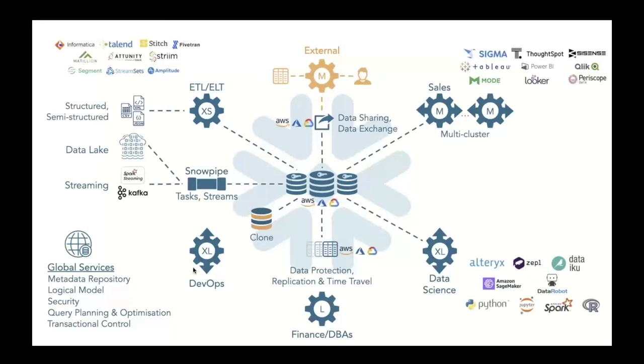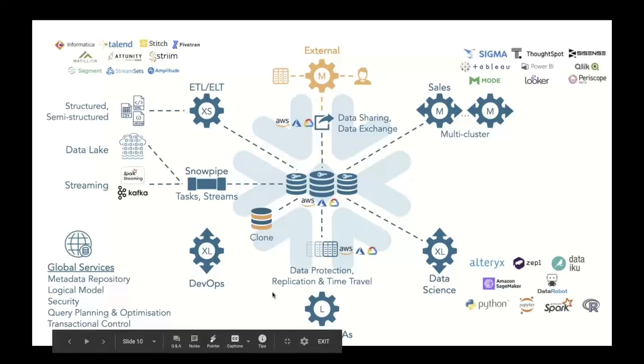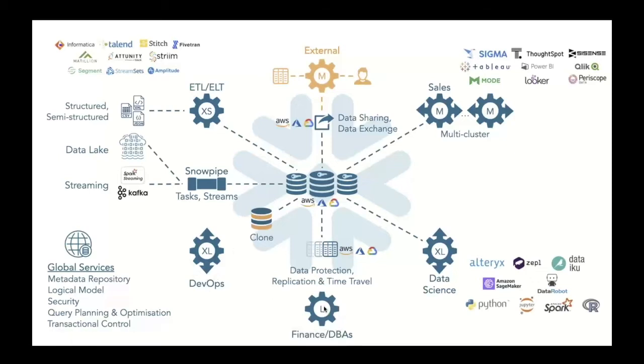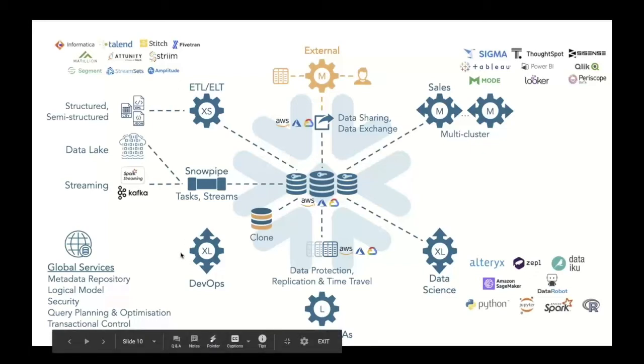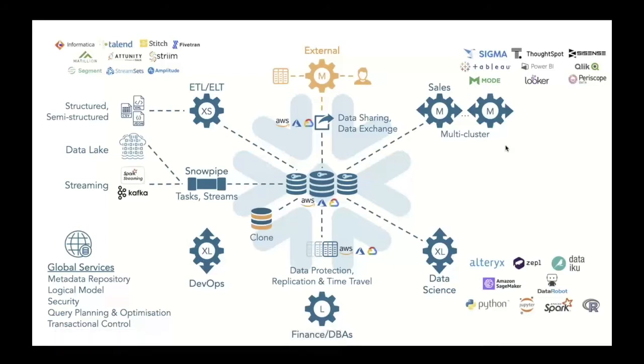Right, this idea where each cog here is essentially a compute cluster, which we call a virtual warehouse, that's performing a different task, whether it's loading, whether it's doing some DevOps operations, whether it's data science, whether it's maybe a BI tool serving a certain business unit. All of these can be run concurrently without affecting each other on the same copy of data.